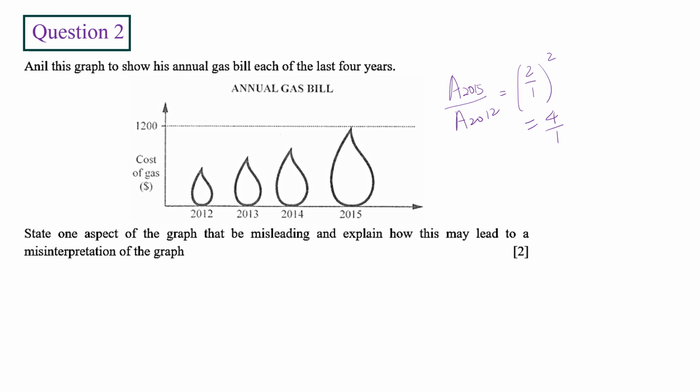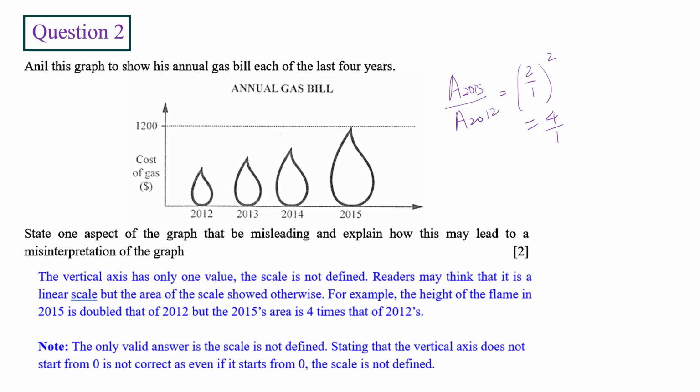So that caused some confusion here. So the only valid answer is the scale is not defined. Some students may explain that the vertical axis does not start from 0. But even if the vertical axis does start from 0, the scale is still not defined.